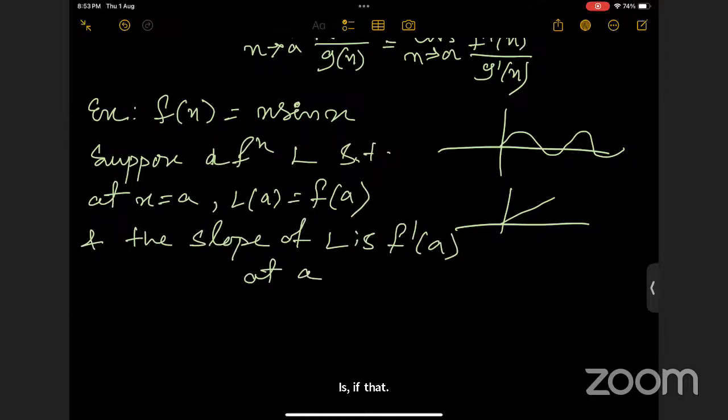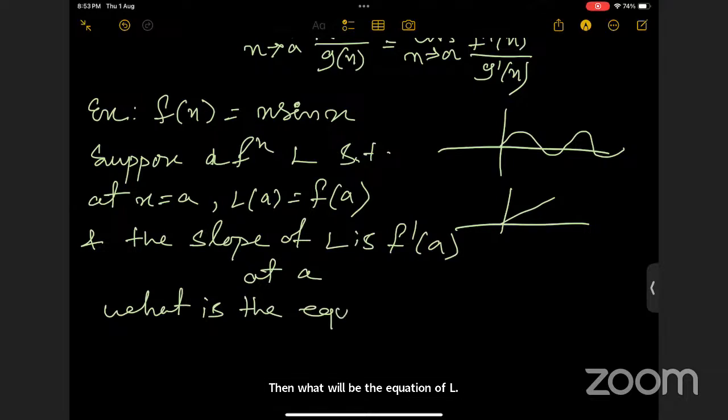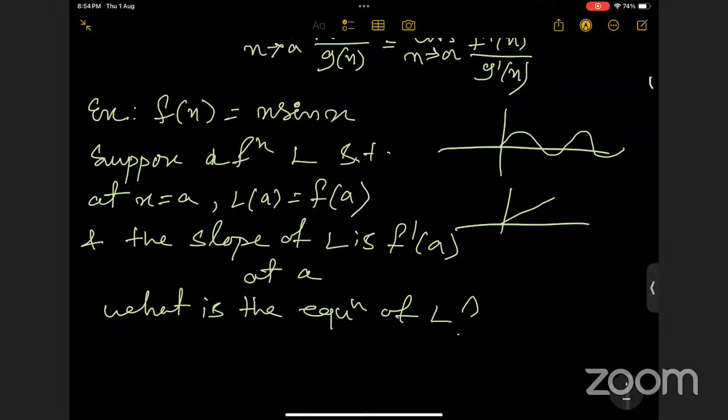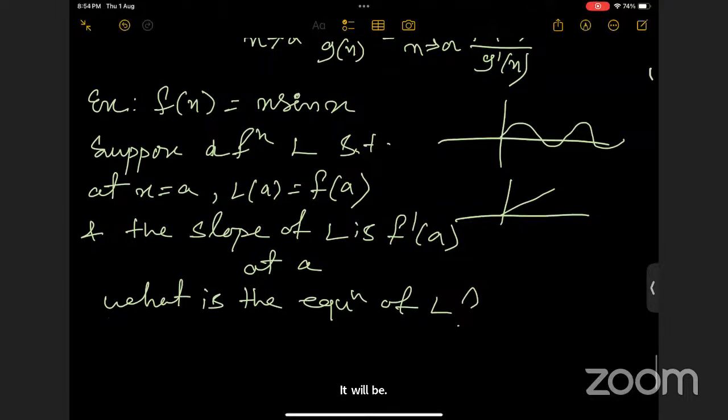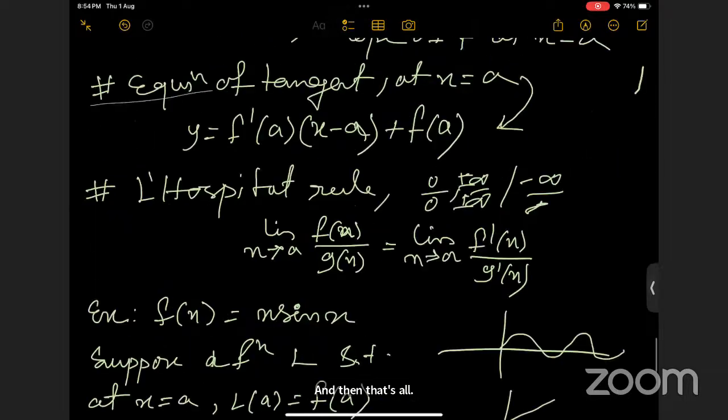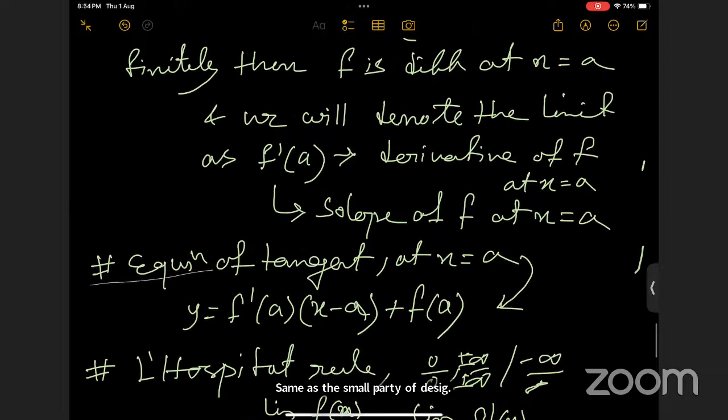Then what will be the equation of L? It will be the tangent with the same slope f dash of a. I just gave the definition, right?